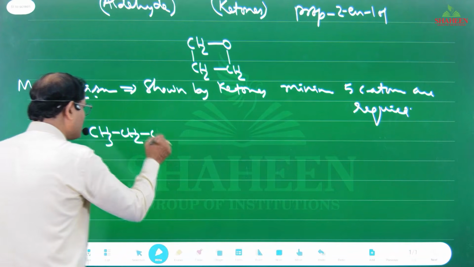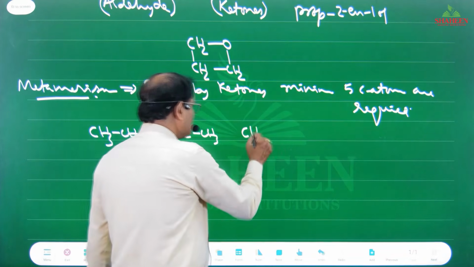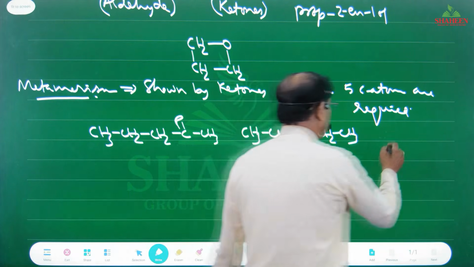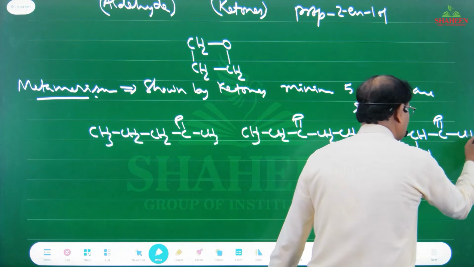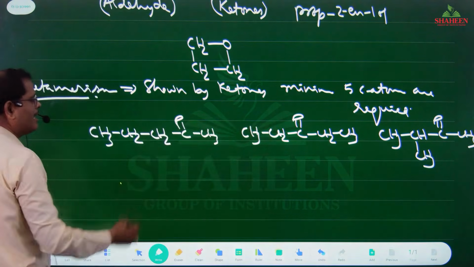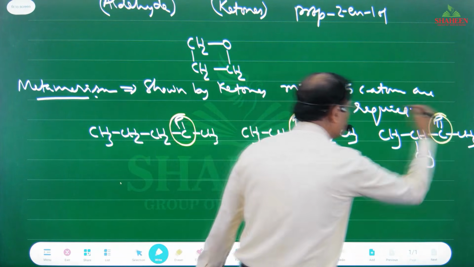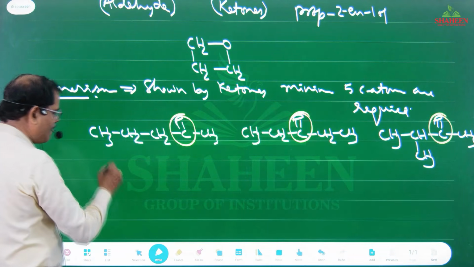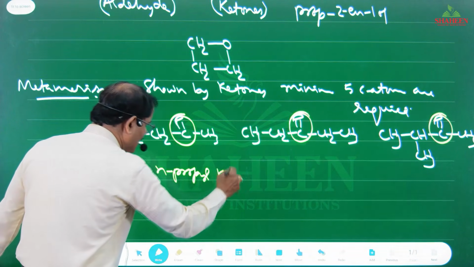CH3 CH2 CH2 C double bond O CH3, and CH3 CH2 C double bond O CH2 CH3, and CH3 CH(CH3) C double bond O CH3. So we need to look at the groups attached to the functional group, that is the carbonyl group. Here the carbonyl group is attached to n-propyl and methyl, n-propyl methyl ketone.